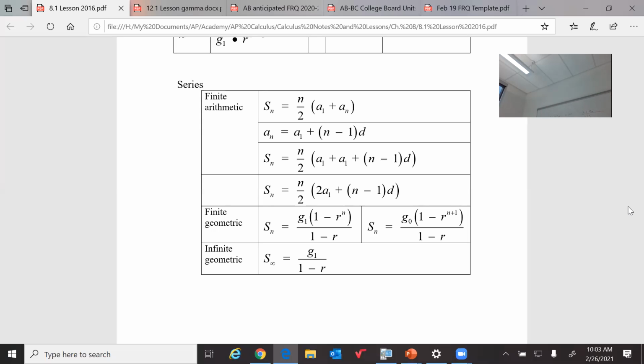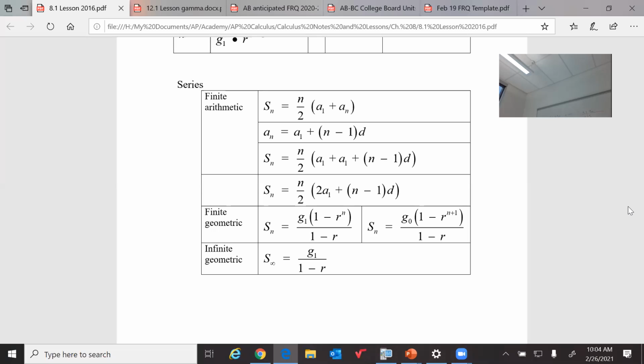Then, this is another way to write it algebraically. For a geometric series, if it's finite, now think about this. If it's finite, it's the first term times 1 take away r to the n, divided by 1 take away r. We'll show you that. If you start at the 0 term, it would be that. But now what? If it's infinite, think about this.